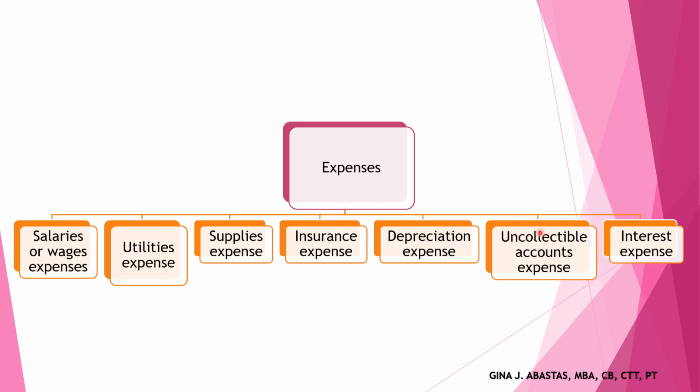Okay, and for the uncollectible accounts expense, or what we call the doubtful accounts expense, or bad debts expense, this means that the amounts of receivable charged expense for the period because they are estimated to be doubtful of collection. Then we have here interest expense. So this is the amount of money charged to the borrower for the use of borrowed funds.